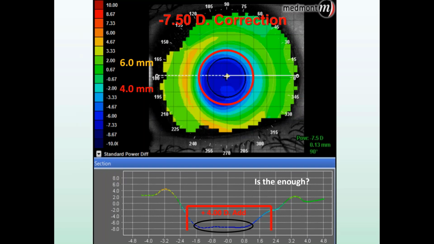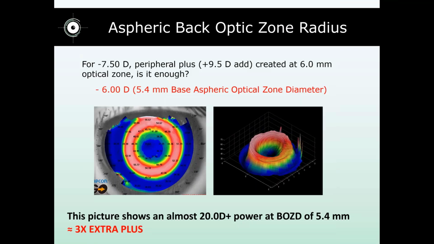Now, when we talk about the 7.5 correction, for a 4 millimeter pupil size, you have a +4 diopter edge. For a 6 millimeter optical zone size, the peripheral edge is +9.5, so it's less than double. Is it enough for myopia management?